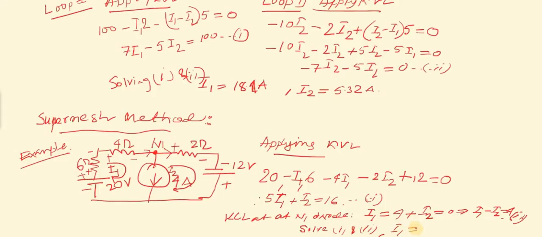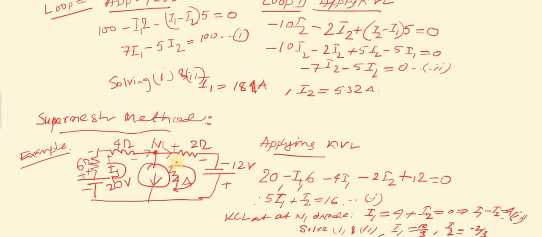So after solving these equations, I1 will be 10 by 3, and I2 is minus 2 by 3.